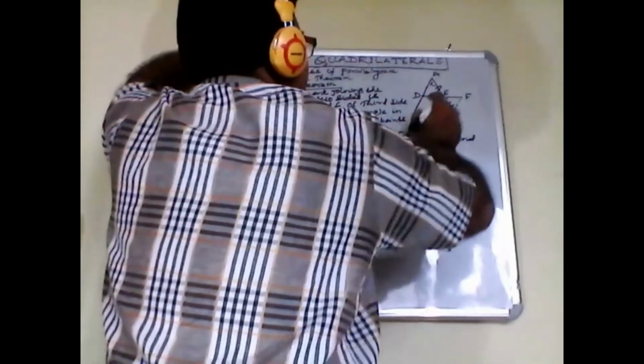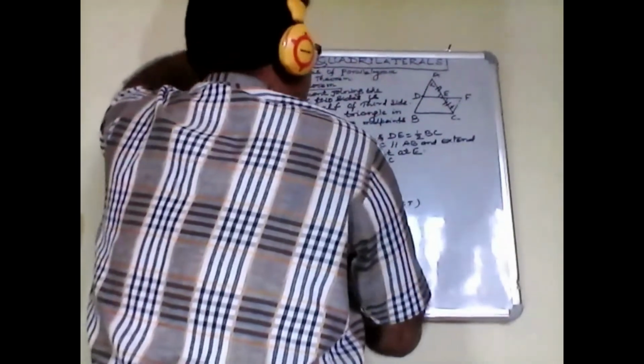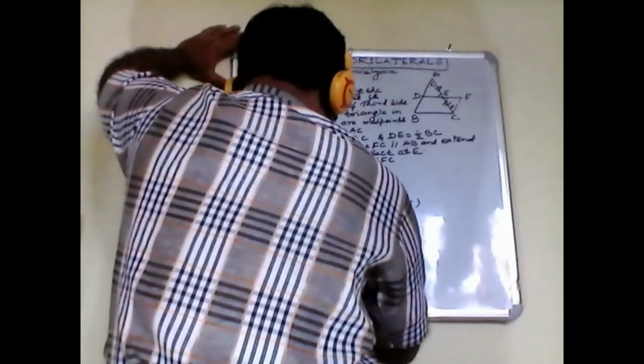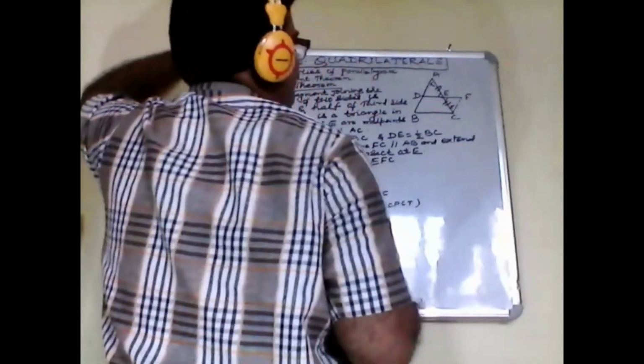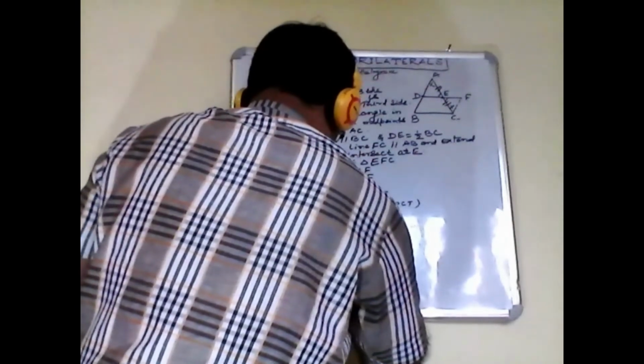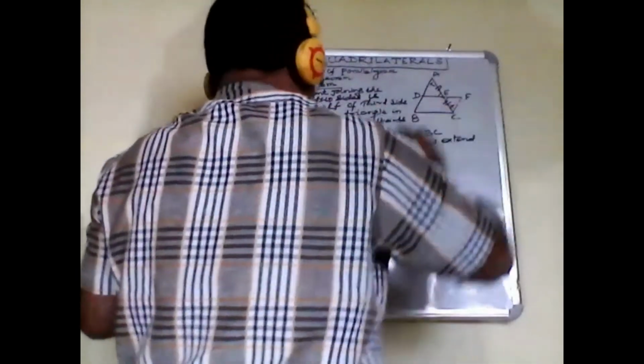So we can write AD and DB are equal, and DE will be equal to EF. In another part you can also prove from these two triangles that AD is equal to CF. So BD is equal to CF.